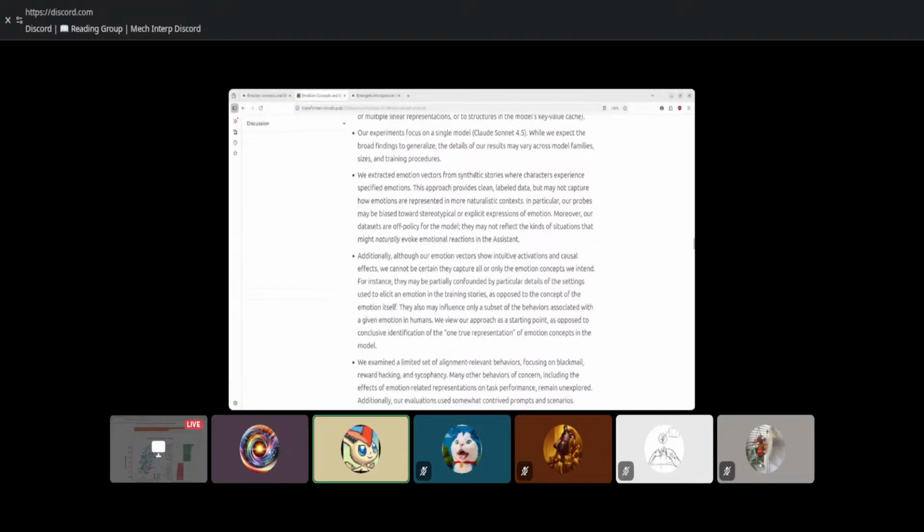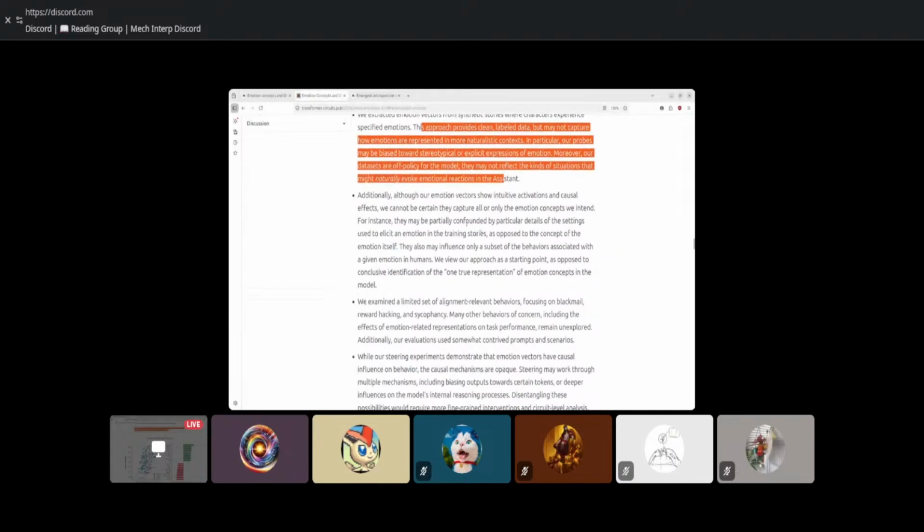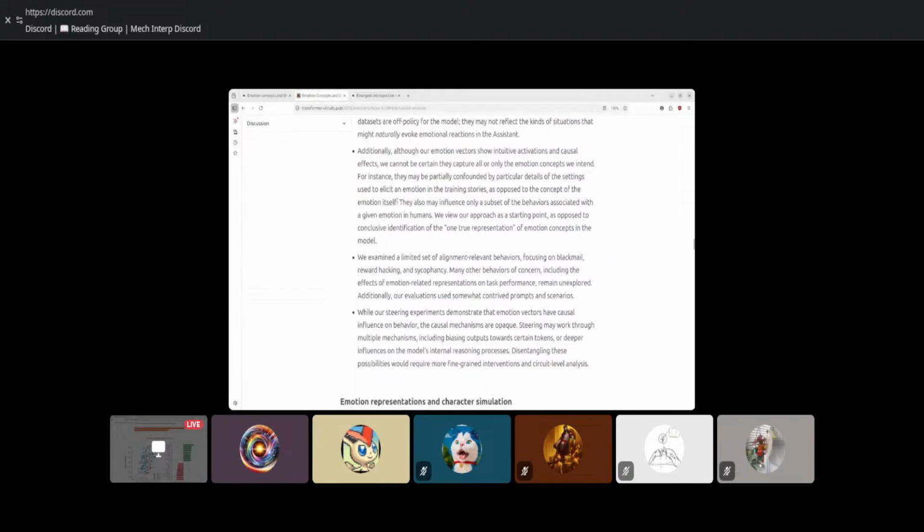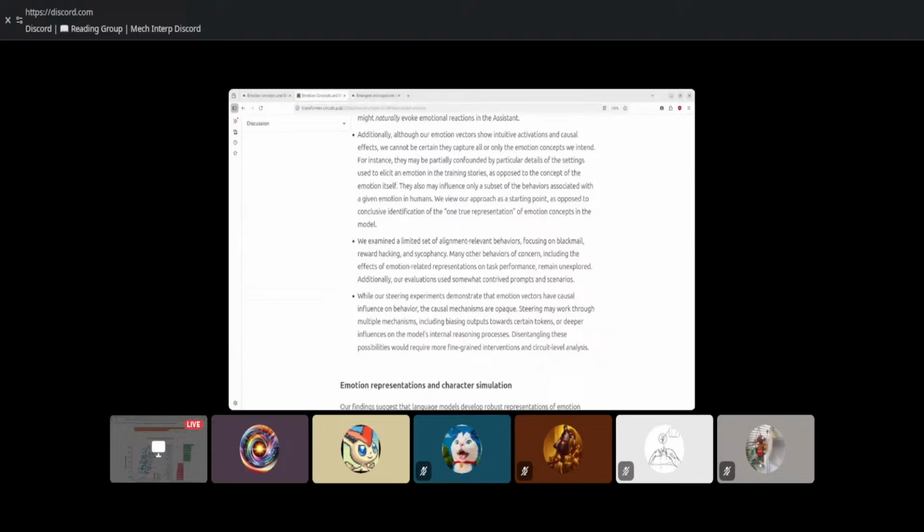Single model. Synthetic stories. It might be confounded by particular details of the settings to elicit the emotion. Yeah, the things we were talking about.